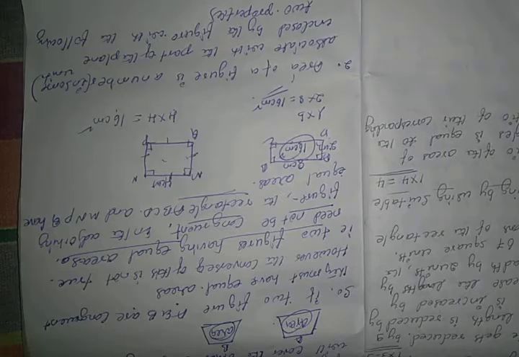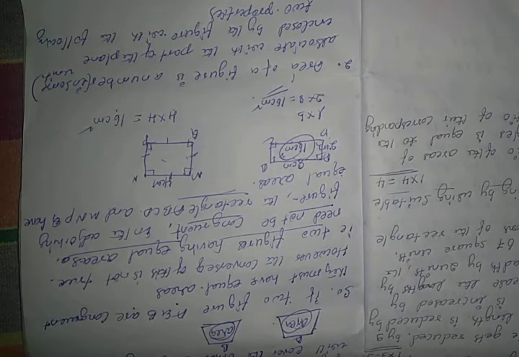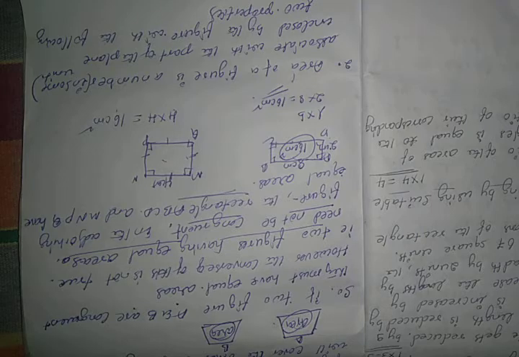Once again, the area of a figure is a number associated with the part of the plane enclosed by the figure with the following properties. Let us see what the figure is.